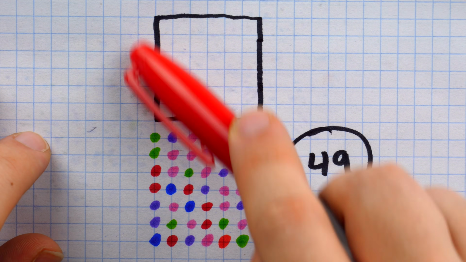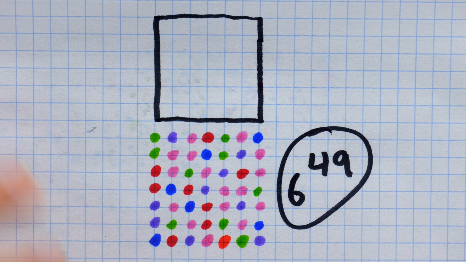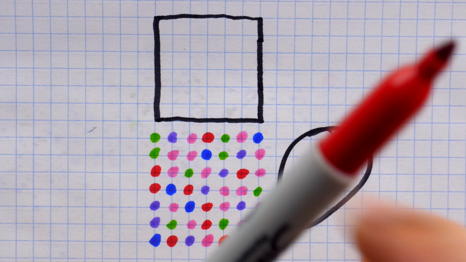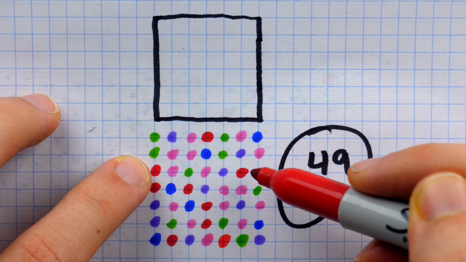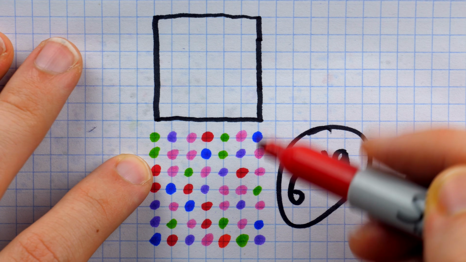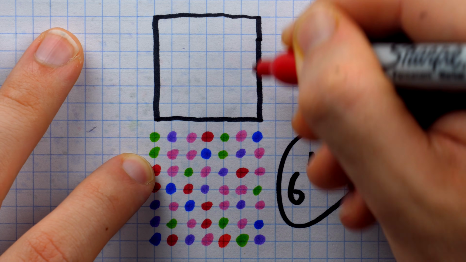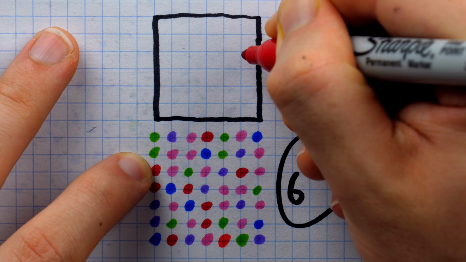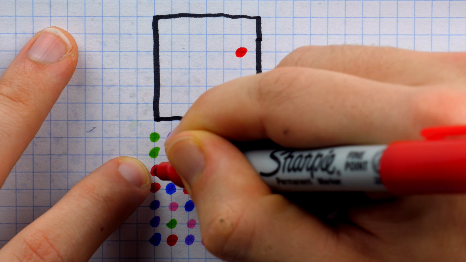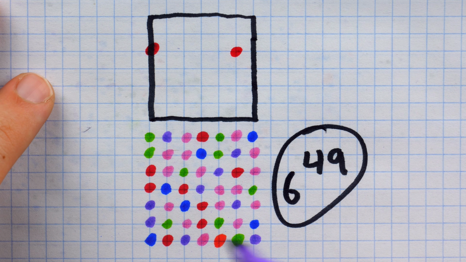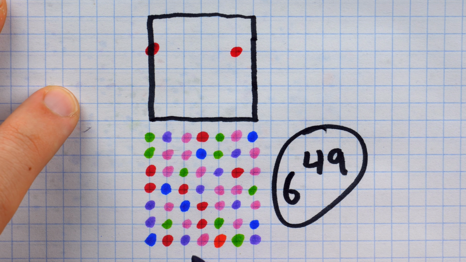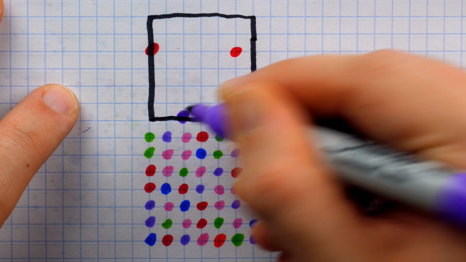Since we're supposing that this is the square among all of those infinitely many squares which happens to be colored the same way as this one, it would have to have those 2 red dots as well in the exact same position, at least relative to the square. So it would have a red dot there, and it would have a red dot there. We could, of course, say the same thing about the purple dots that are at the bottom of our original square.